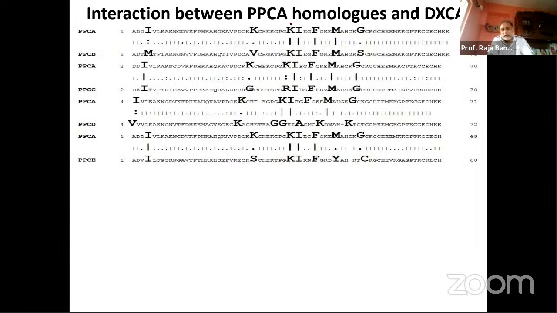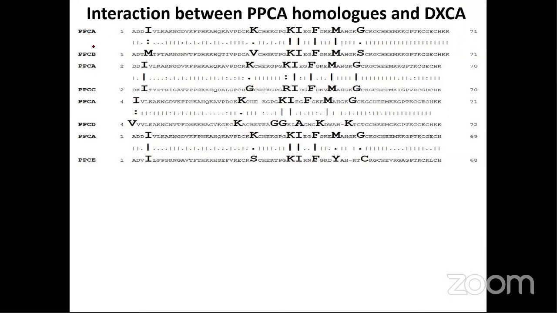I am showing that there is a homologous protein. Homologous means they have the same ancestor, like the 5 fingers of the hand. It is quite interesting, and recently I have published this paper. We find that out of the 5 homologous proteins, PPCA is interacting with DXCA, but its other homologs B, C, D, E don't interact.